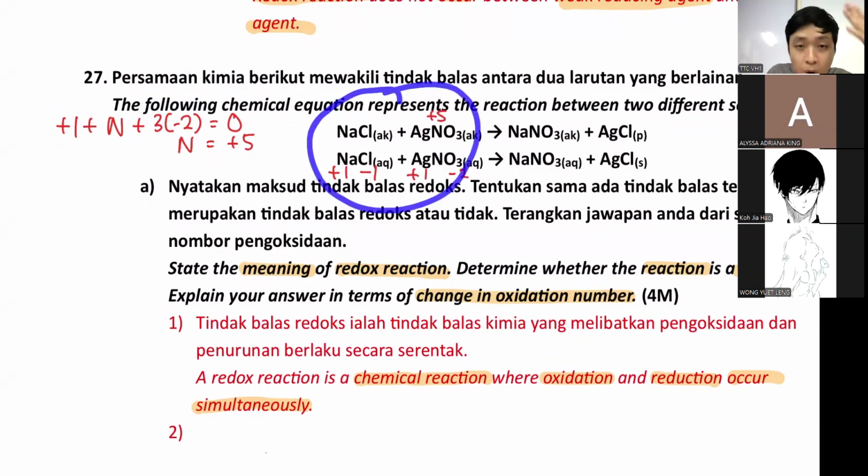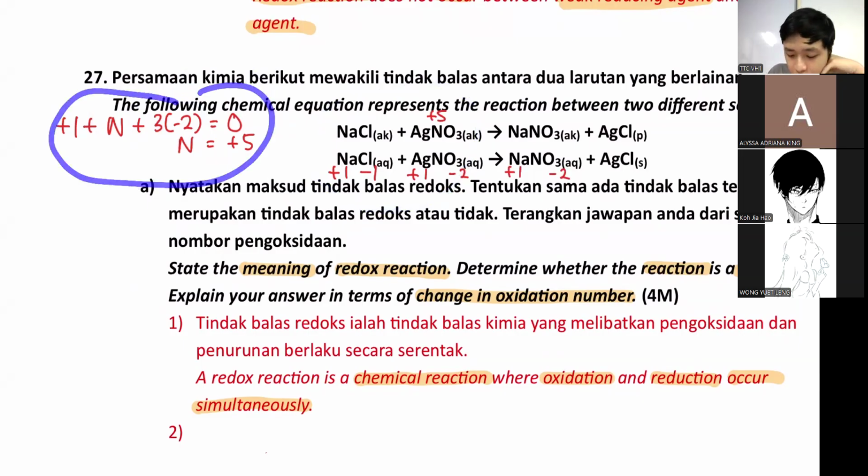This is the reactant, before. After, same thing. Sodium is positive 1, O is negative 2. If you do the calculation, you get the same thing: N is positive 5. Ag positive 1, chlorine negative 1. If you check every element, there are no changes. Na before and after is positive 1.